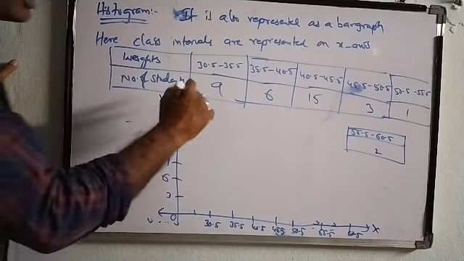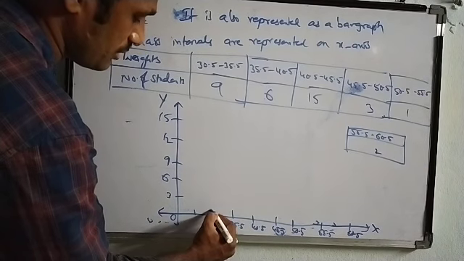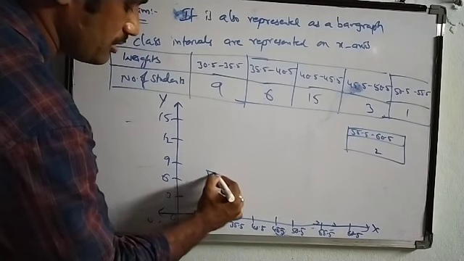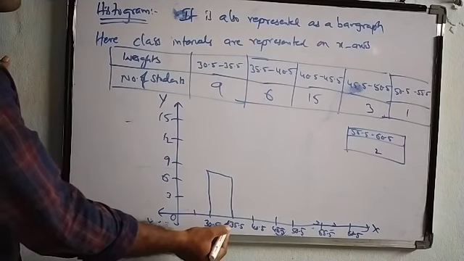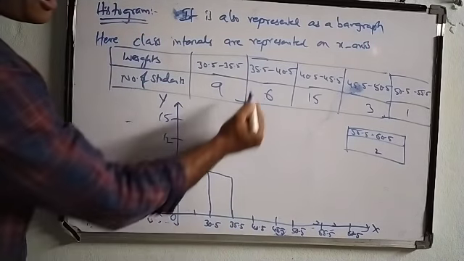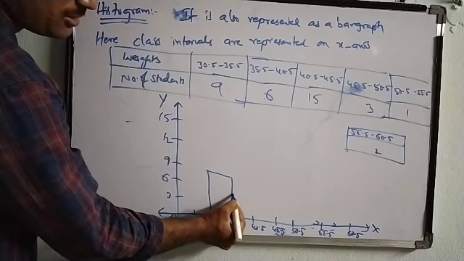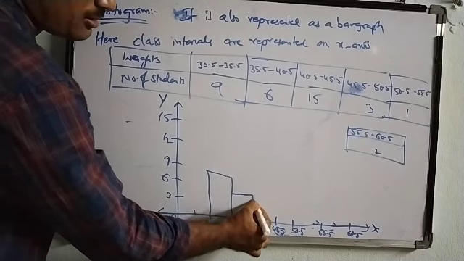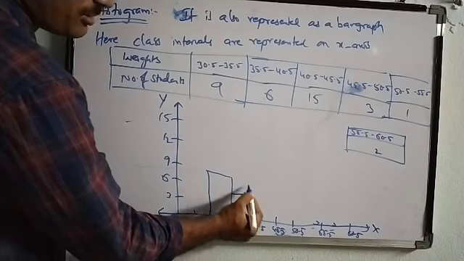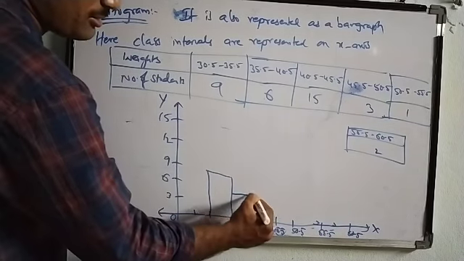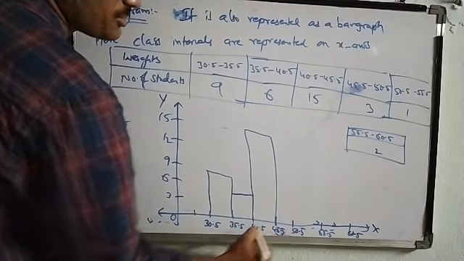Now the first one is 9. From 30.5 to 35.5, I'll start from here up to 9. Next the 35.5 line should be there up to 6, up to 40.5. Next the 40.5 line should be there up to 15, and again it has to end.